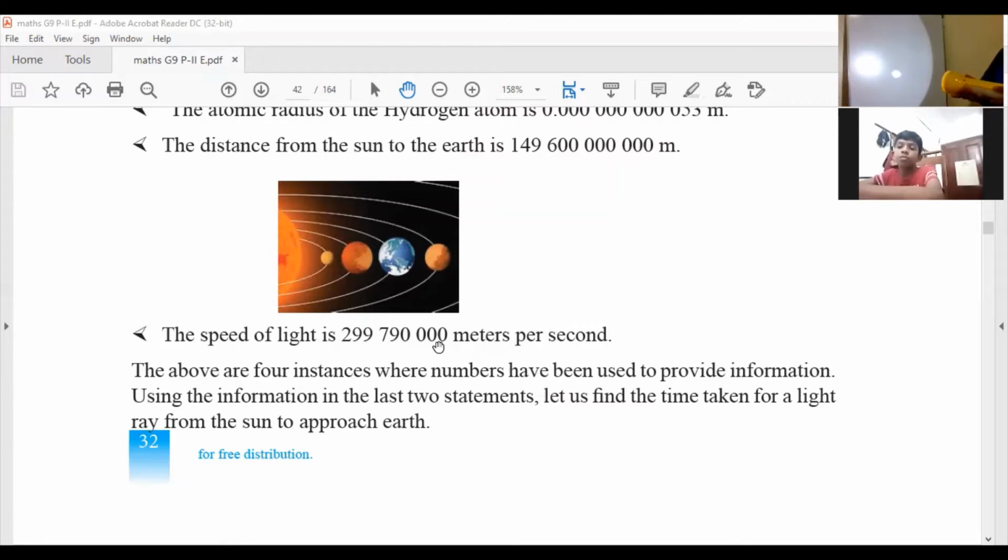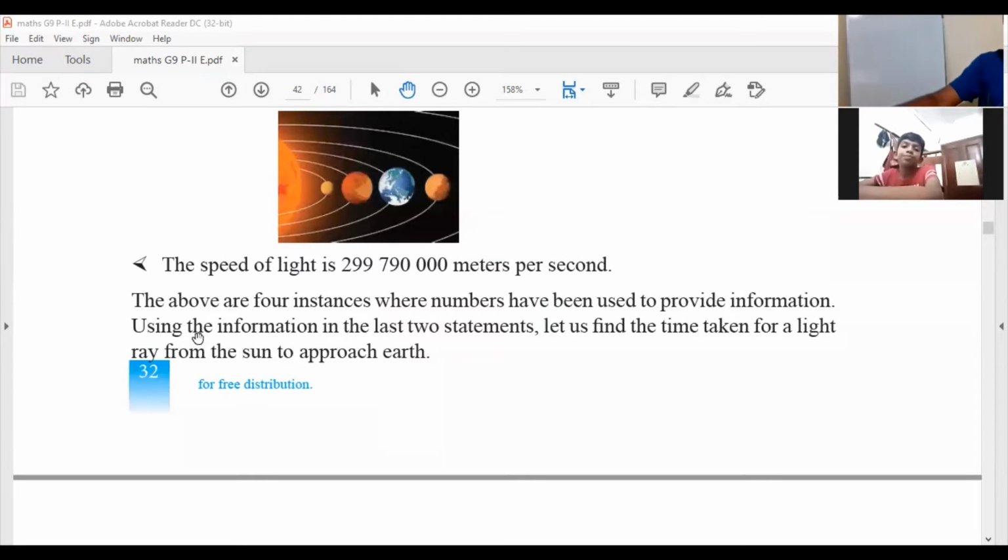Can you see any delay? No, sir. That means it is very speedy. So this is the speed of light. That's why it moves at very high speed, and we can't see any delay.